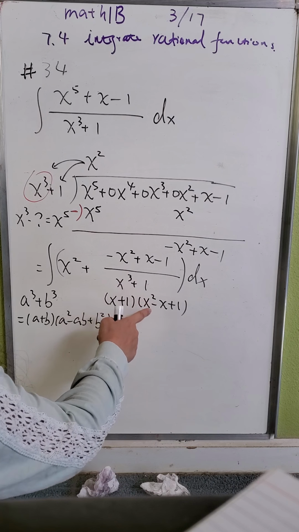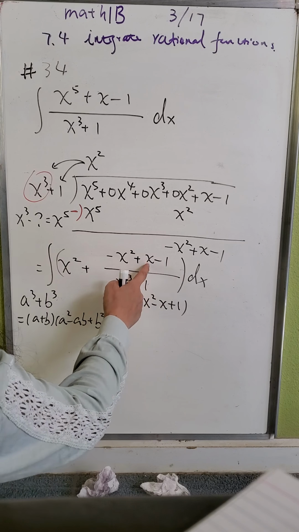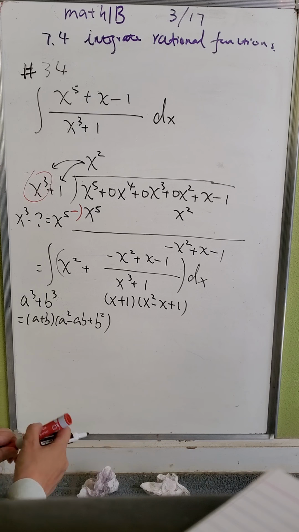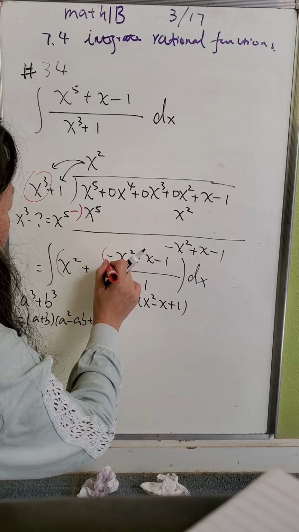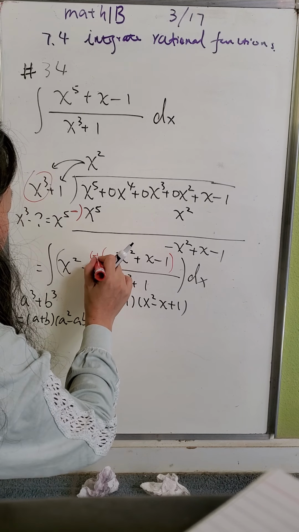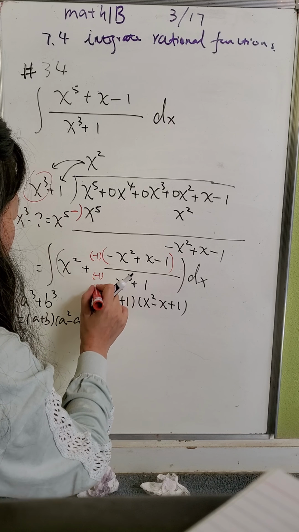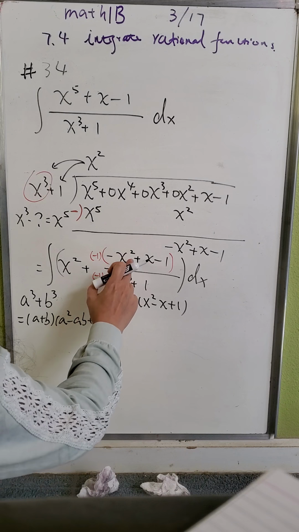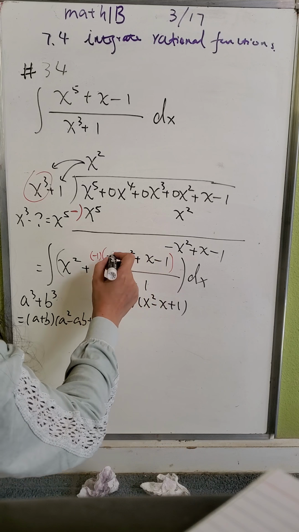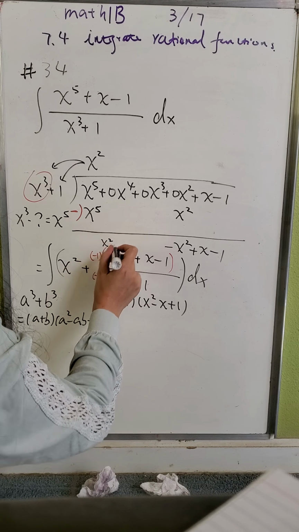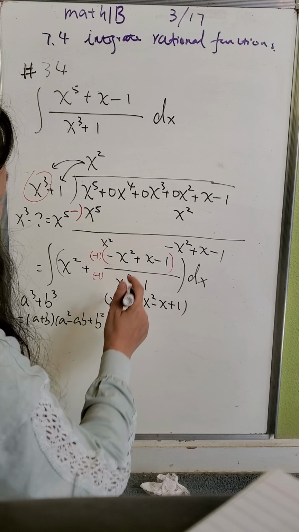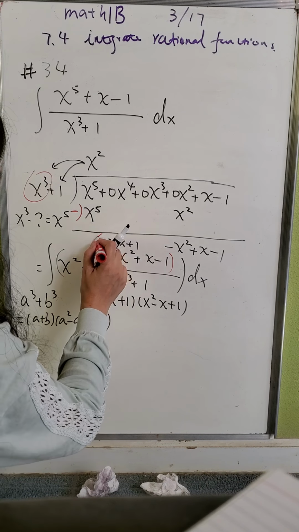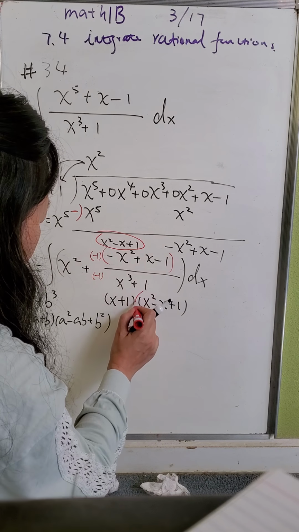And then I can notice that these two are almost the same. All I need to do is multiply this whole thing by negative 1, and negative 1 in the bottom. Now this will become x squared minus x plus 1, and you notice that that's the same as this one.